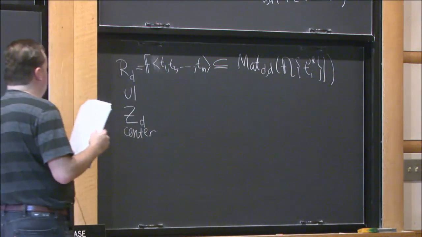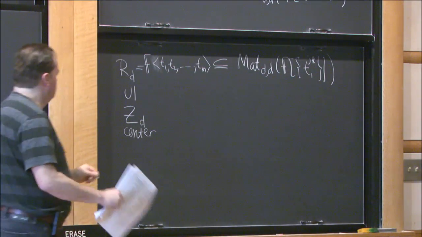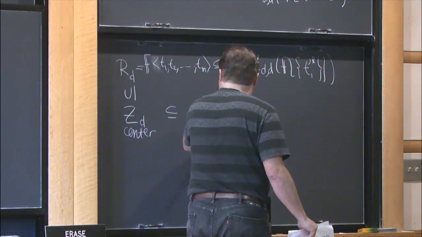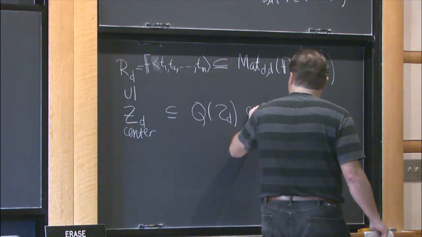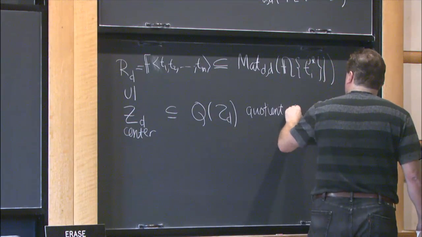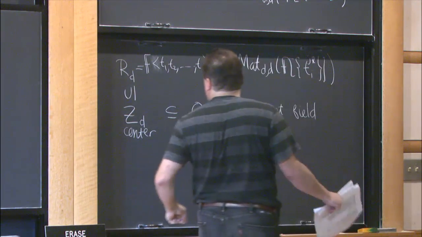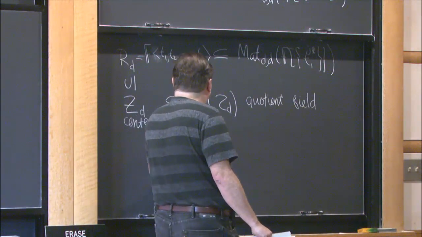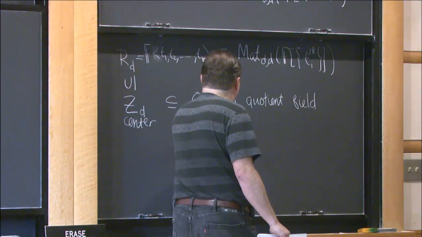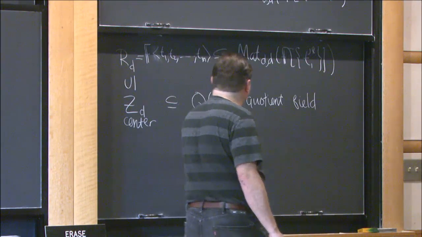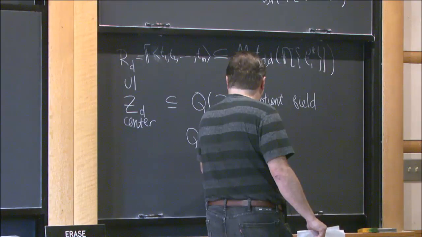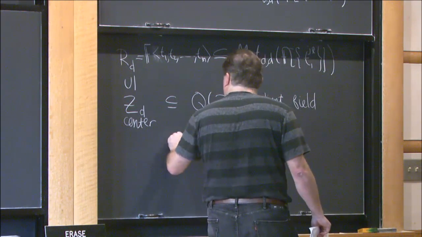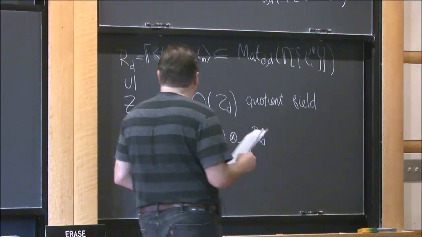And the center is actually an integral domain, so it has a quotient field. And now we can construct the following ring: we take the tensor product of the quotient field over Zd with the ring Rd, and let's call that Sd.